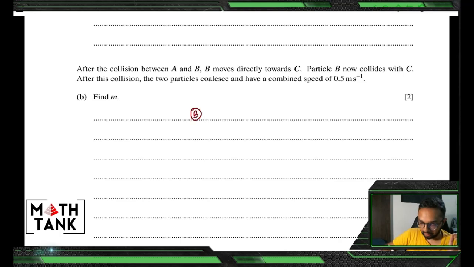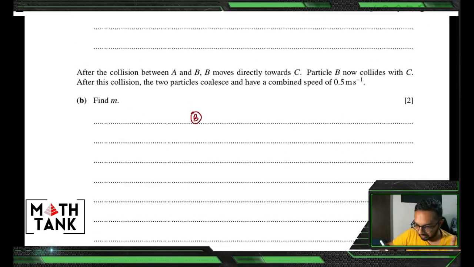That's one thing that you need to be aware of. Okay, particle B now collides with C. After this collision, the two particles coalesce and have a combined speed of 0.5. So what has happened is B now started moving with a speed of 1.05 and then went on and collided with C, and they had a combined speed of 0.5.